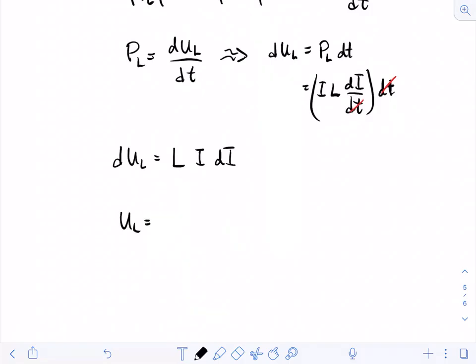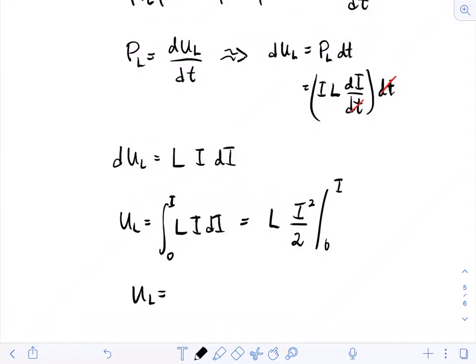So U is going to be the integral of L I di. And so let's imagine we start from zero current up to some maximum. And so that's going to be L times the integral of I with respect to I, which is I squared over 2, and we evaluate between the limits 0 and I, we get the energy is equal to 1/2 L I squared.